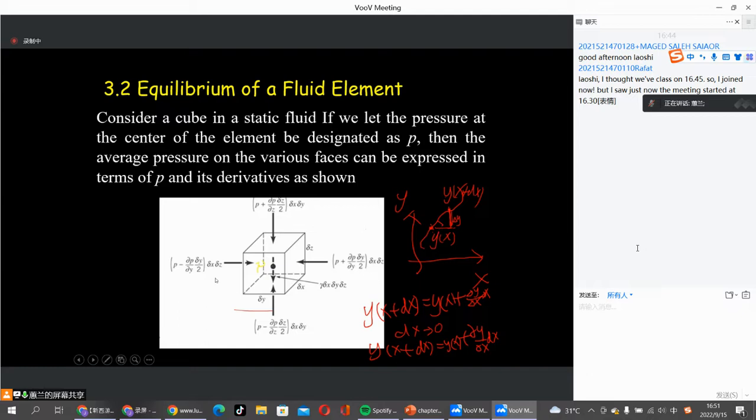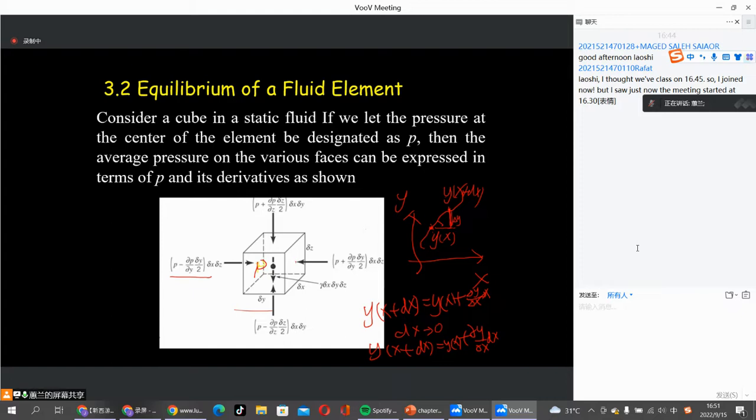So this is what we often do. We ignore the higher orders and use this Taylor expansion to find the other values.